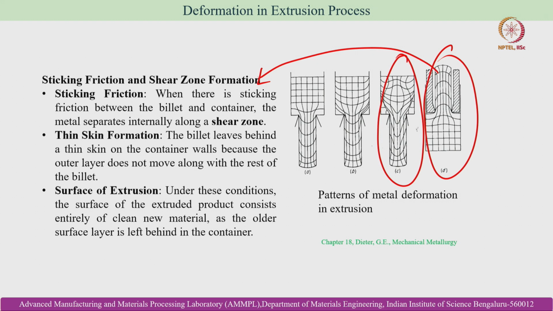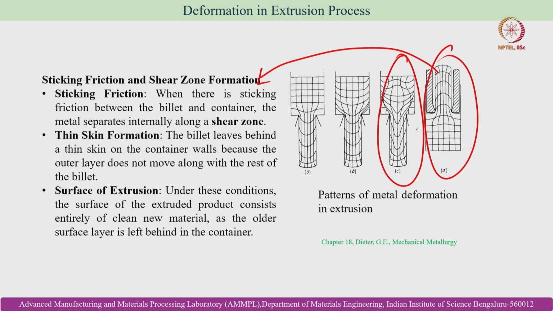So, it becomes stationary. Because of the extrusion pressure, the metal leaves a thin skin behind, attached to the container wall. The beneficial aspect is that the extruded billet which comes out does not come from the sticking friction region.